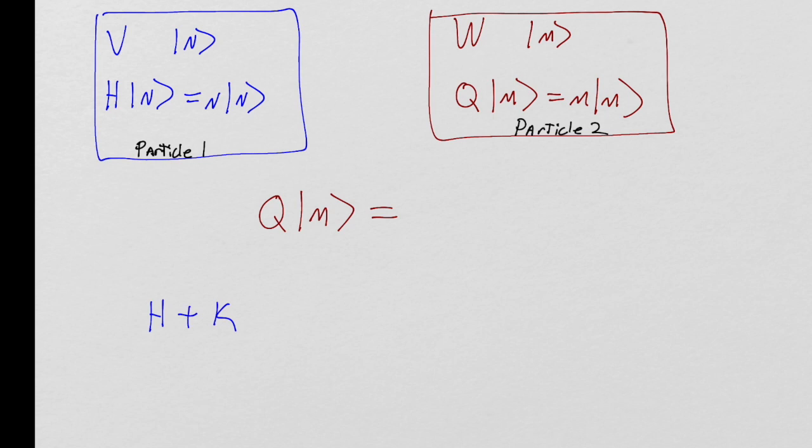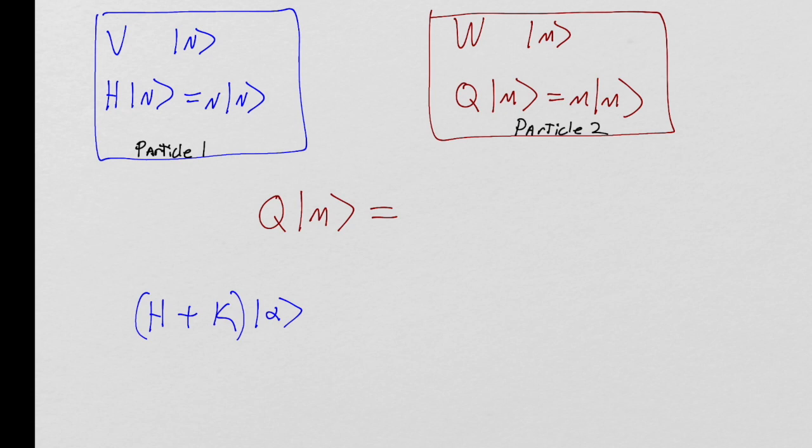H plus K is two operators, and operators operate on vectors. So whatever I mean by H plus K, it should be able to operate on some vector from the blue vector space, alpha, from the particle 1 vector space.